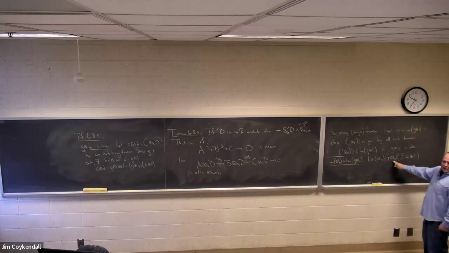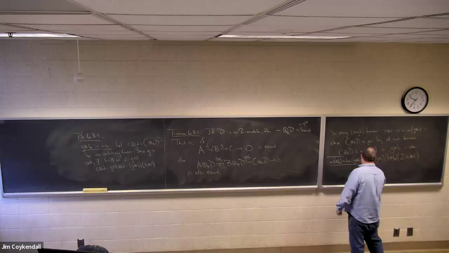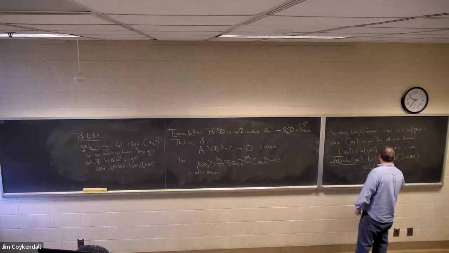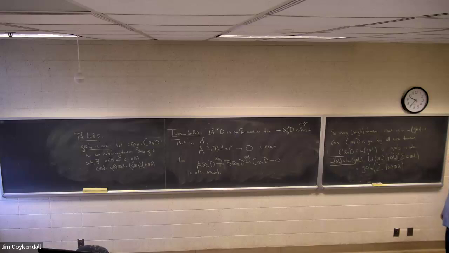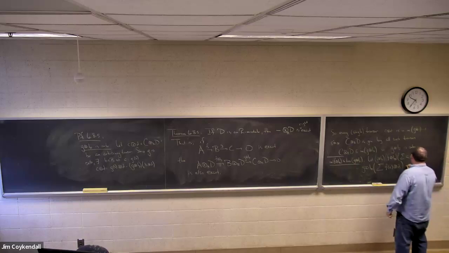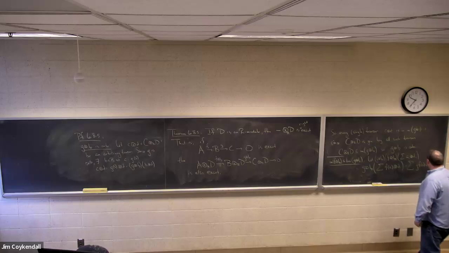Let's just look at the composition of the maps F tensor 1D and G tensor 1D. An arbitrary element of A tensor D is a sum of tensors. This translates to the sum of F(a_i) tensor d_i. That's how the homomorphism works on tensors. And then this becomes the sum of G(F(a_i)) tensor d_i.